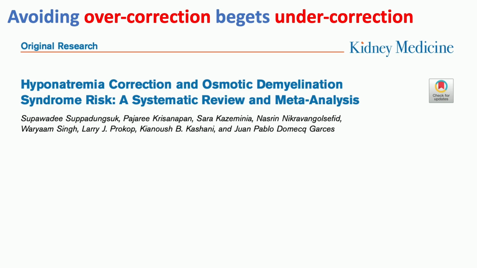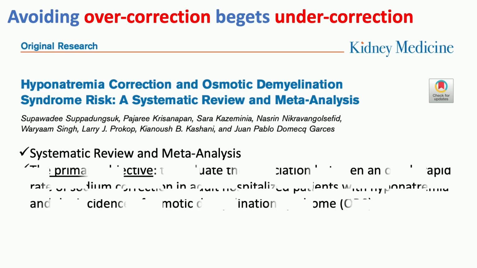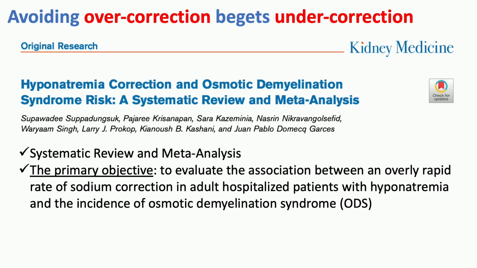And there is a recent study, a systematic review, nicely done, I believe, that looked into evaluating the association between an overly rapid rate of sodium correction, and rapid meaning not slow at 6 or 8, a little bit more than that, technically 8 to 10, which is considered by the study as a rapid correction, compared to patients with slower correction, where they did about 6 milliequivalents of the sodium, and they compared the risk of ODS.